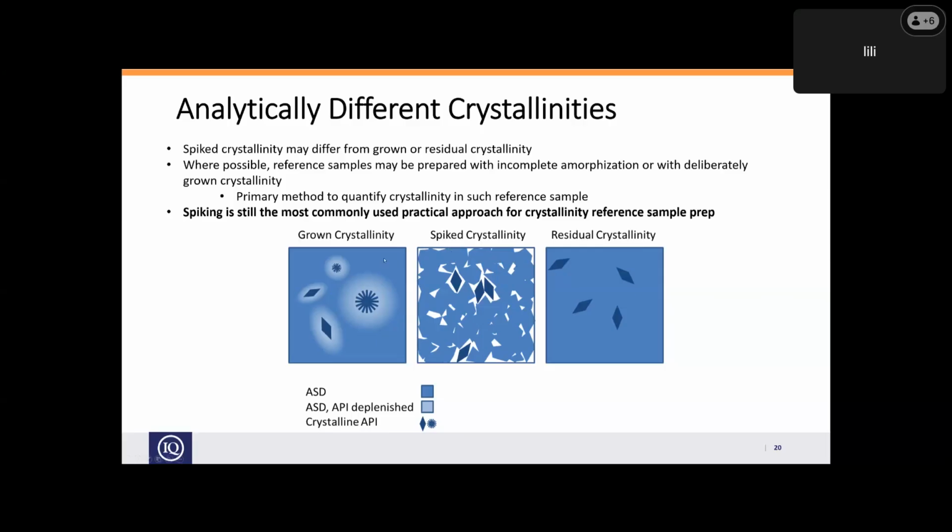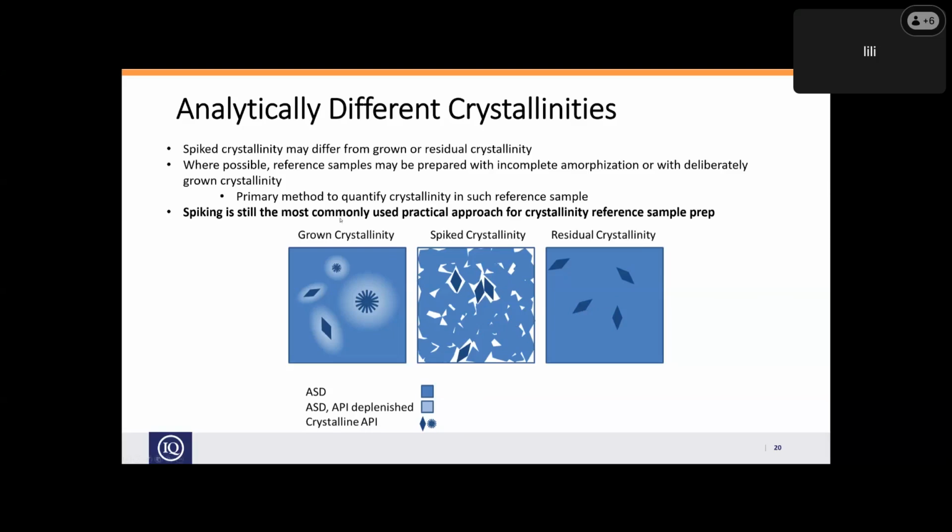The plot on the left represents the scenario where the crystallinity is grown from the amorphous matrix, and the crystals in this scenario may have different form, shape, size, or closeness of contact to the matrix than the spiked-in crystals, represented by the middle plot, and can also be different from the residual crystals from incomplete amorphization, represented by the red plot.